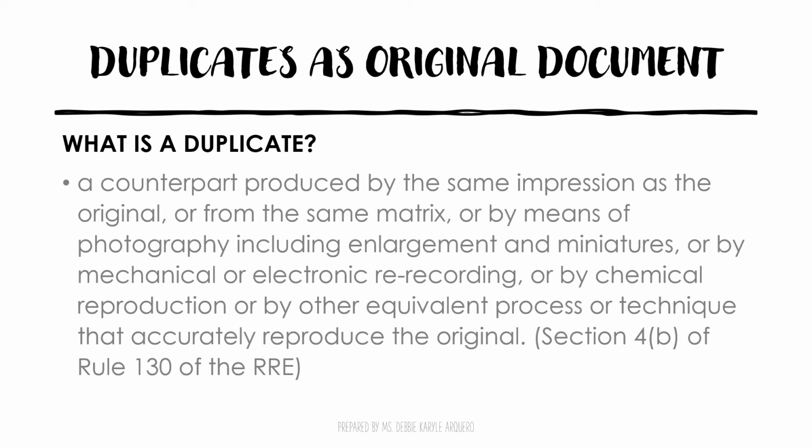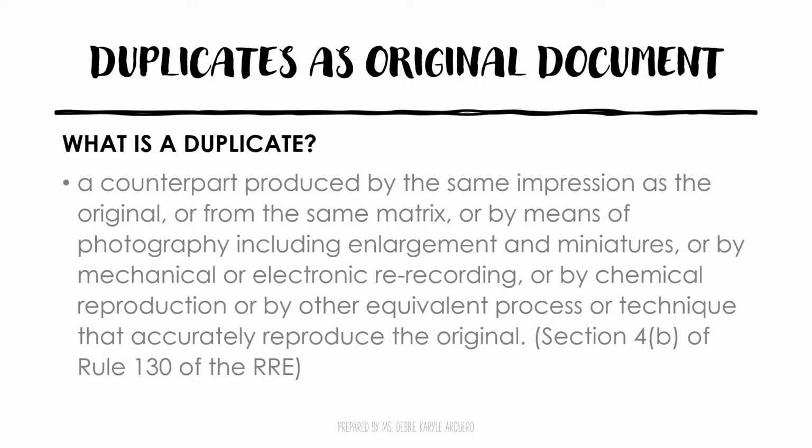A duplicate is defined as a counterpart produced by the same impression as the original or from the same matrix or by means of photography, including enlargement of the original document or miniatures of that original document or by mechanical, nag-undergo siya ng chemical processing, or electronic re-recording, or by chemical reproduction, or by other equivalent process or technique that accurately reproduce the original, then according to the revised rules on evidence, that also is an original document, and if that is the case, that is considered as a best evidence.